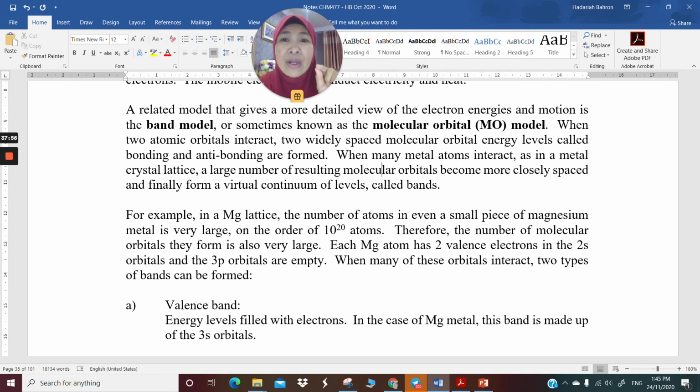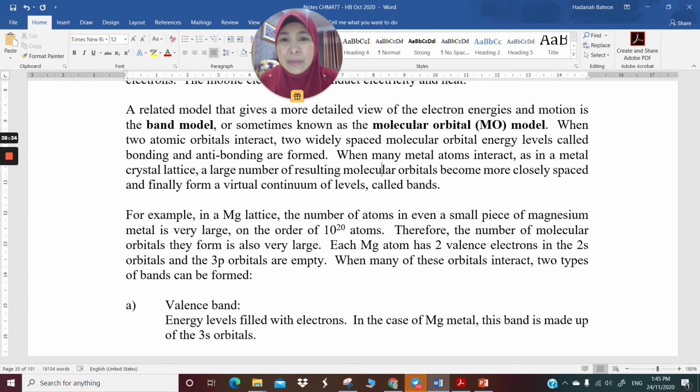So 1 gram of any metal will have not only thousands, not millions, not trillions, but a huge number of atoms. When each makes a bonding and an anti-bonding molecular orbital and they overlap one on top of another, it is just like sticks: one stick is very thin, but when you put too many sticks together, they will make a strong, continuous band.